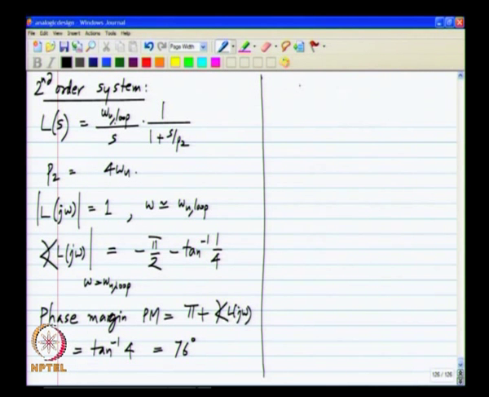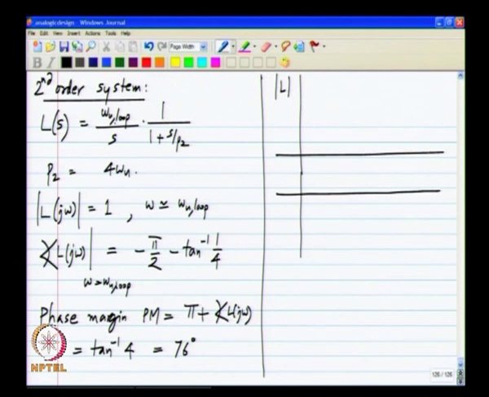So, what this means is, if I plot the Bode plot, magnitude of L and the angle of L, the magnitude of L will have a 20 dB per decade slope, and it crosses unity approximately at omega u loop, and at P 2 it has another break point and it falls down further.